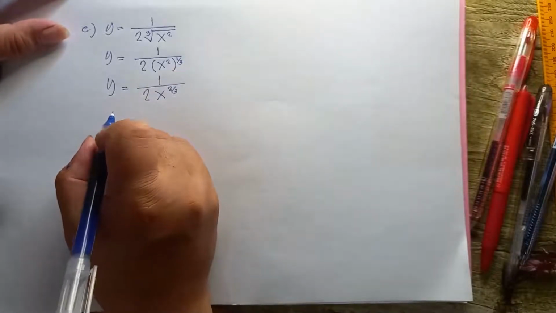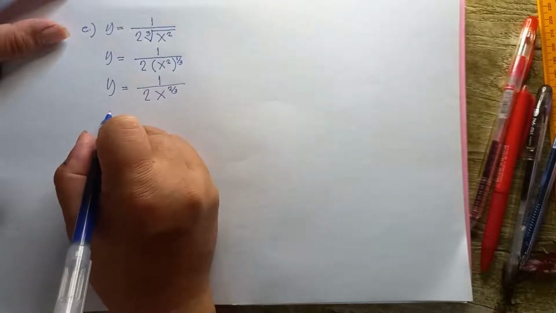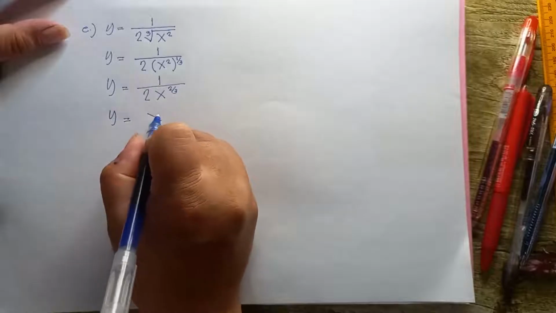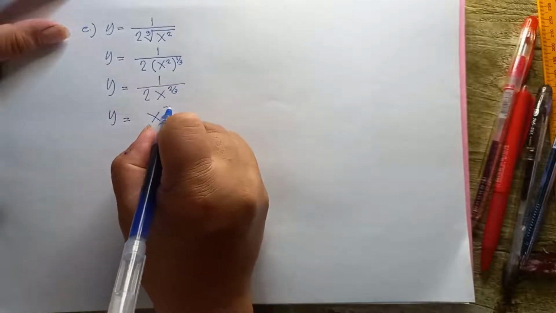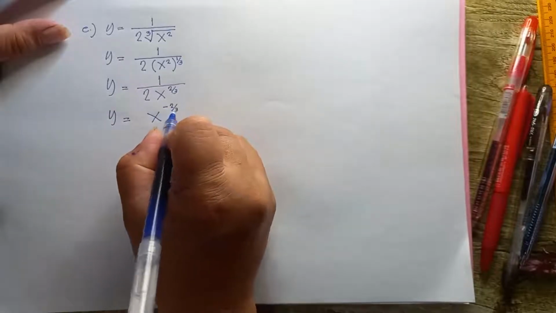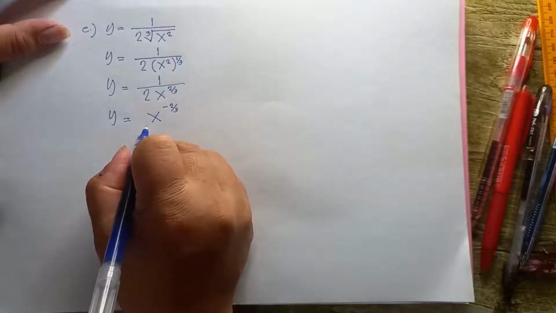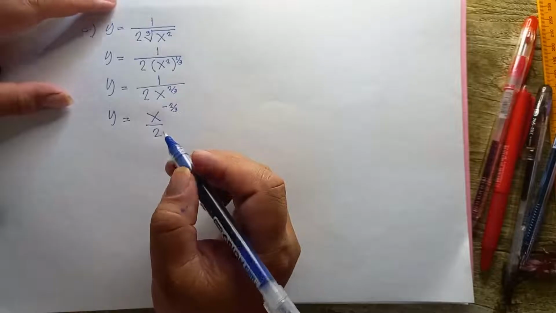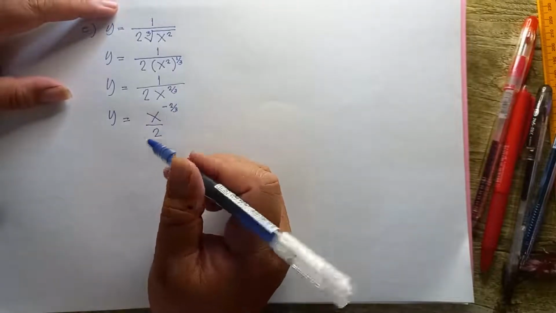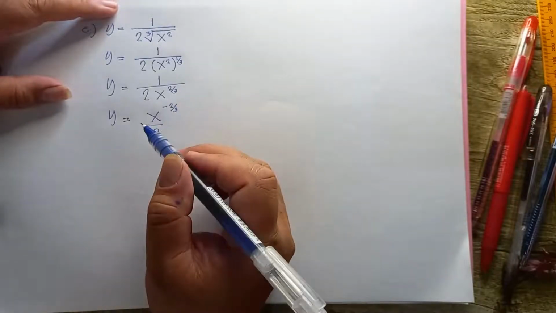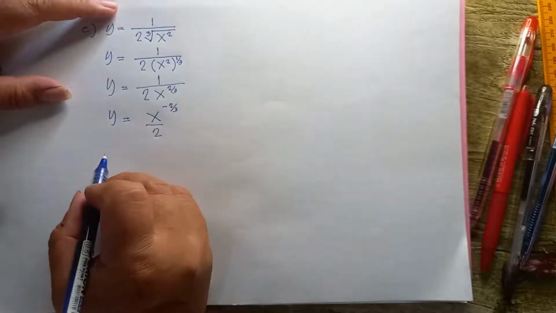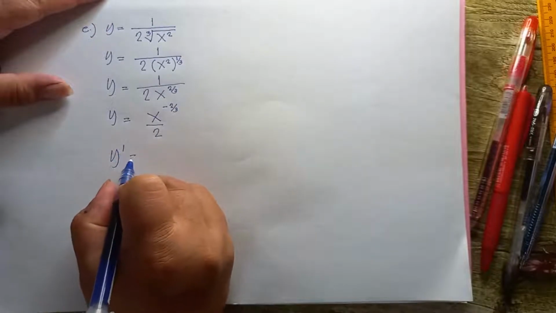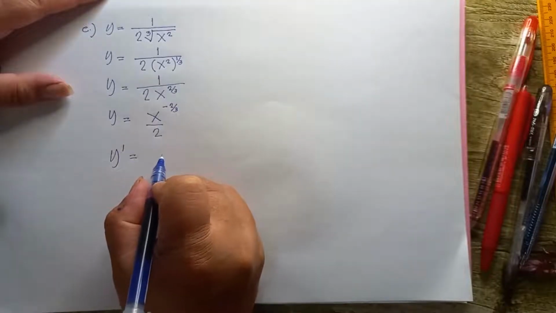So it will be transformed into this form: y is equal to x raised to negative 2 over 3 over 2. Now with that, that's the time we're going to get its derivative.